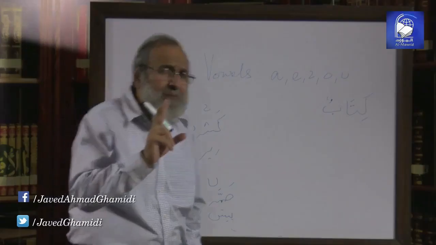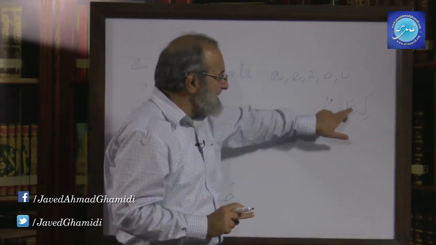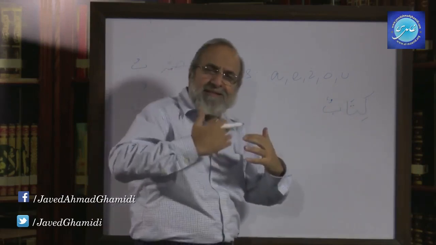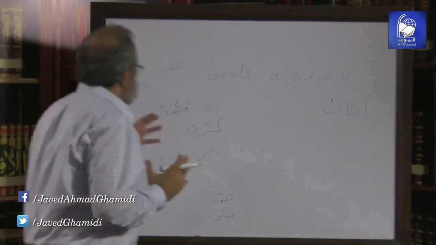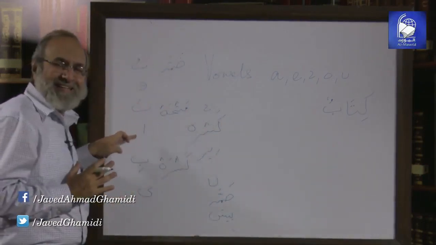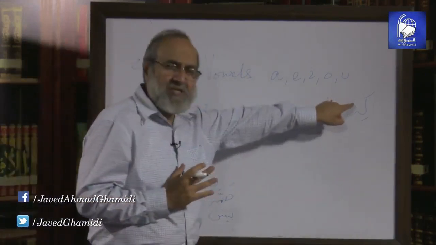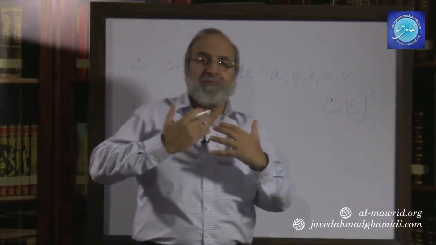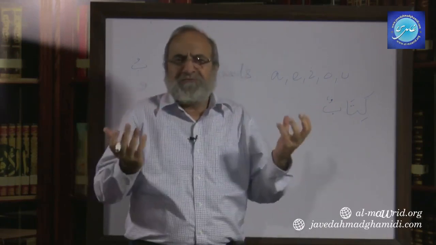Now, what I'm trying to clarify is that ta has a fatha. It's like ta has an A, followed by alif, which is the partner letter of fatha. When you have an alif immediately following fatha, the sound is going to be twice as long as that of simple fatha.